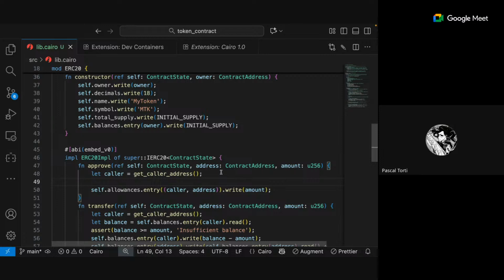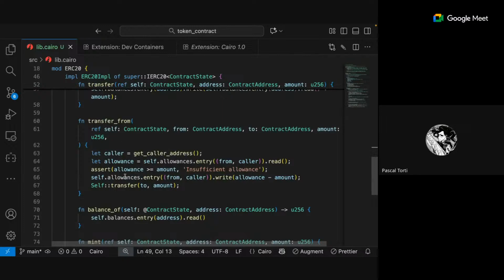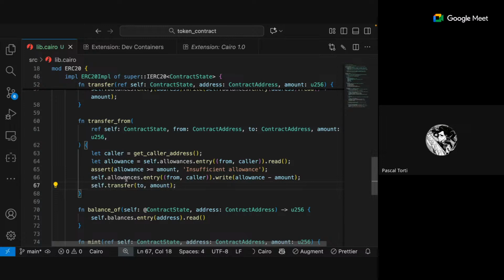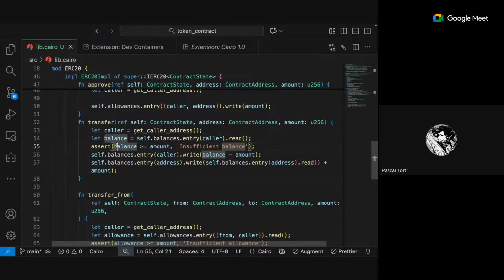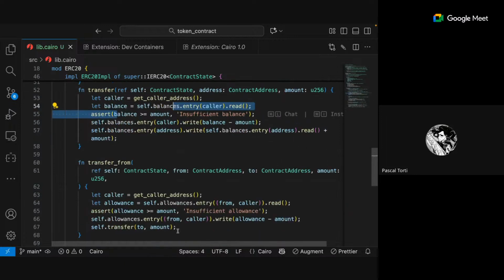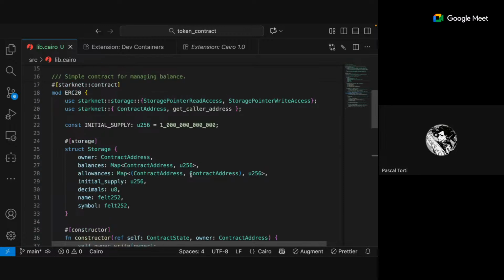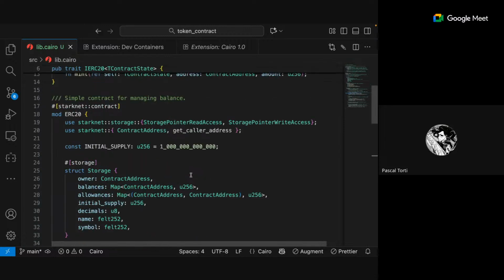And of course, the transfer also checks if the balance of whoever it is, is adequate. So yeah, that's it.